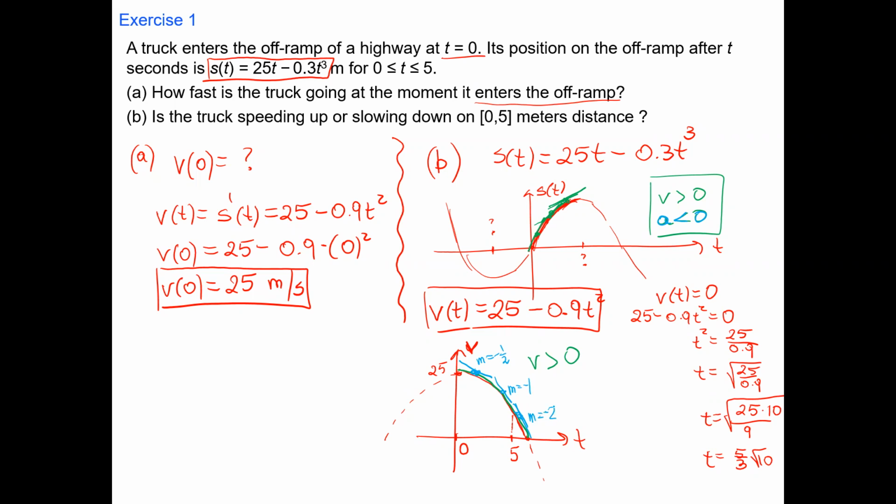The numbers are getting smaller. The slope of the velocity is the rate of change of the velocity, which is the acceleration. That's what we just proved using different tools: velocity and acceleration differ in sign, and the truck is slowing down.